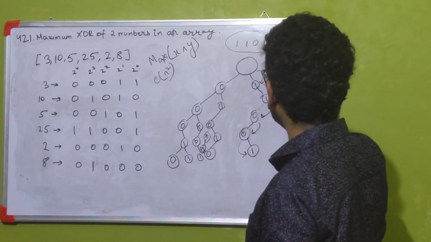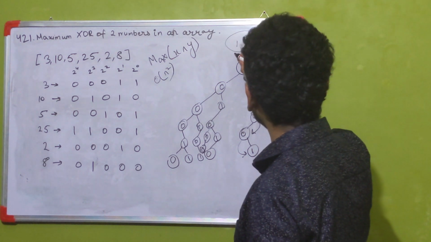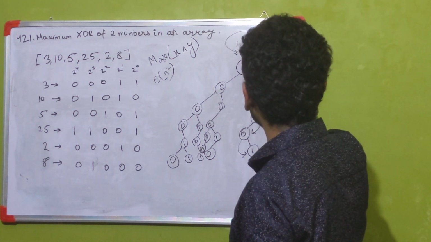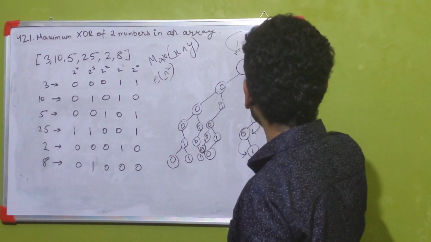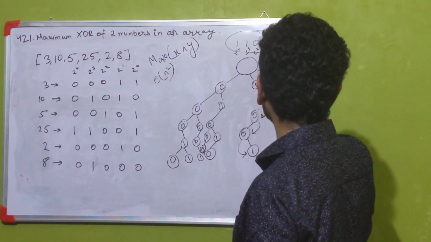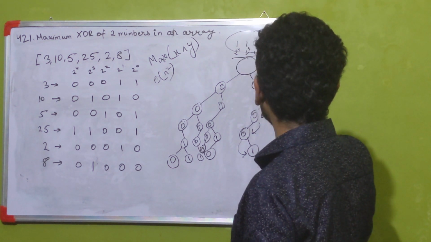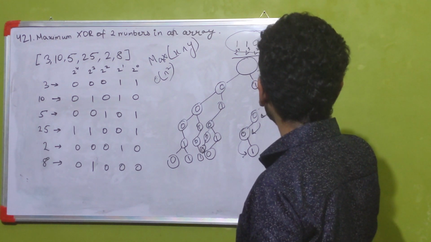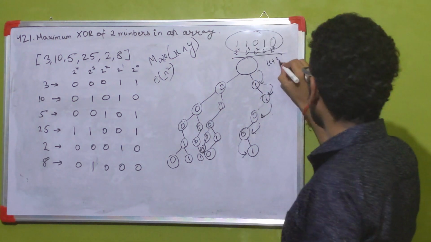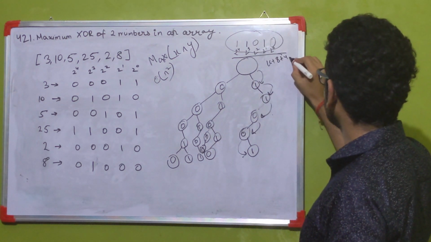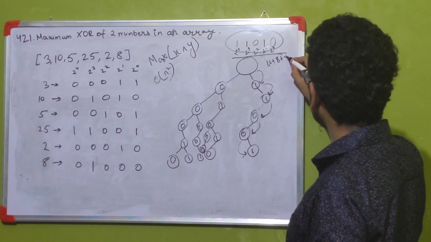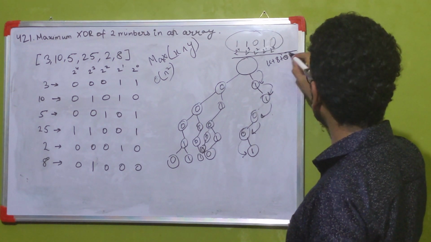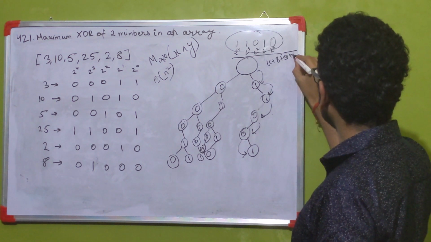Now if we try to represent this in decimal format, this would be like multiplying it by 2 raised to power 4, 3, 2, 1 and 0, and we get 16 plus 8 plus 4. This digit is 0, so let's put 0 over here, then 2, then 0.